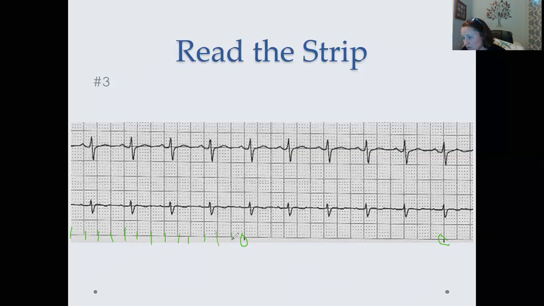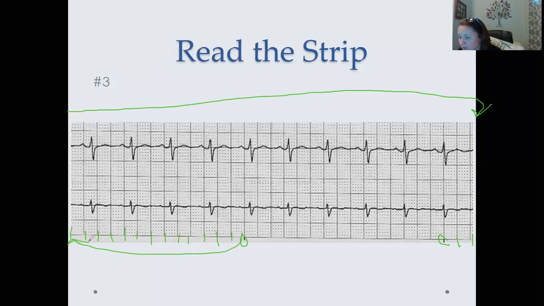Oops. 1, 2, 3. But that's okay because we got 2 more over here. 4, 5. So this whole thing together is 6 seconds. I hope that made sense to you guys. So this was 2 blocks short of being 3 seconds, but we've got 2 more blocks on this side over here. So the whole thing is going to be a 6-second strip.